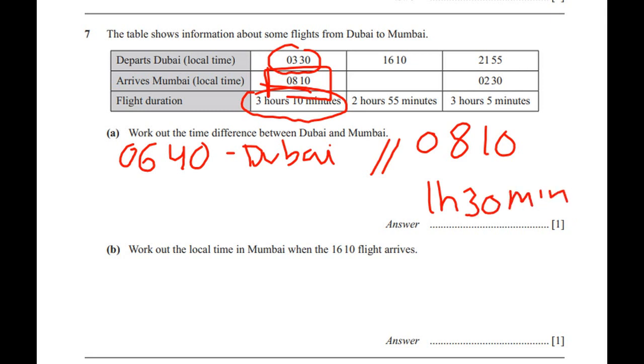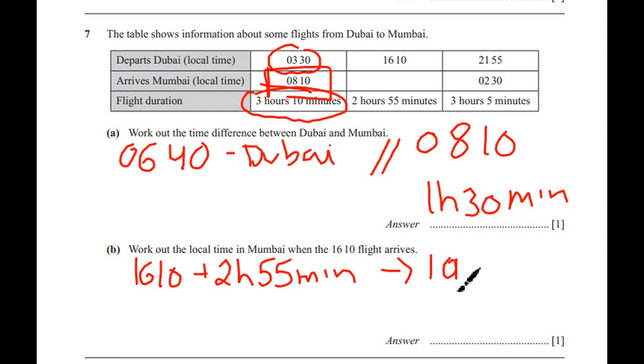Okay, part B. Work out the local time in Mumbai when the 16:10 flight arrives. So when the flight leaves Dubai at 16:10, and when it reaches Mumbai, the time in Dubai will be 2 hours 55 minutes added to this. So we will get 19:05. So this is the time in Dubai.